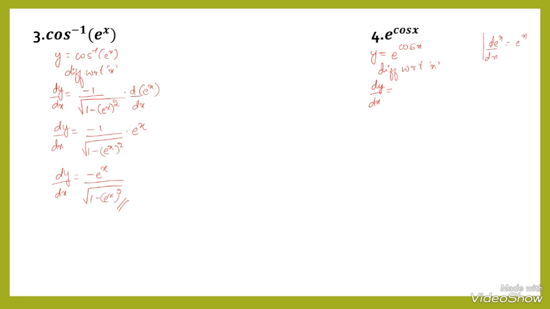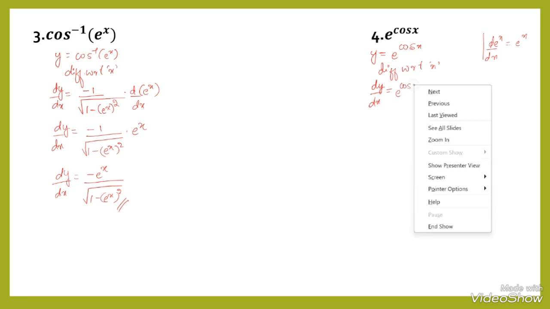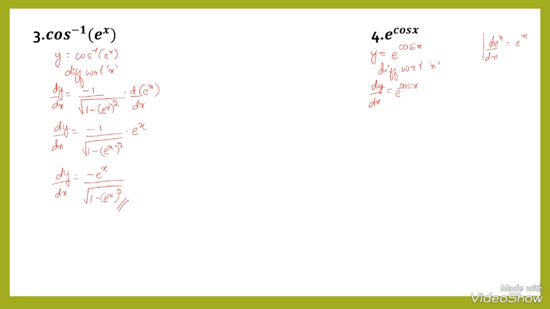Here we have e to the power cos x. In place of x we have cos x. That's why I take e to the power cos x and then again differentiation of cos x.